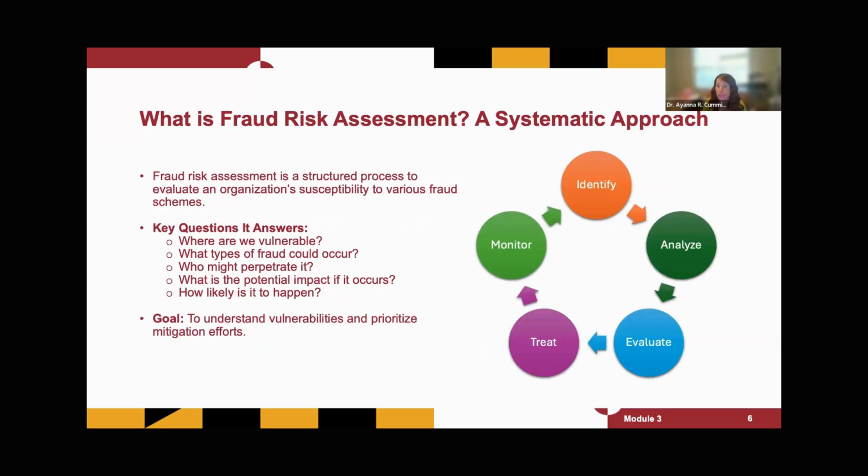So what is fraud risk assessment? There is a five-fold systematic approach whereby fraud risk assessment is a structured process in which we evaluate our organization's susceptibility to various fraud schemes. We answer some key questions here, and these are also five-fold. Where are we vulnerable? What types of fraud could occur? Who might perpetrate fraud? What is the potential impact of fraud if it occurs, and how likely is it to happen?